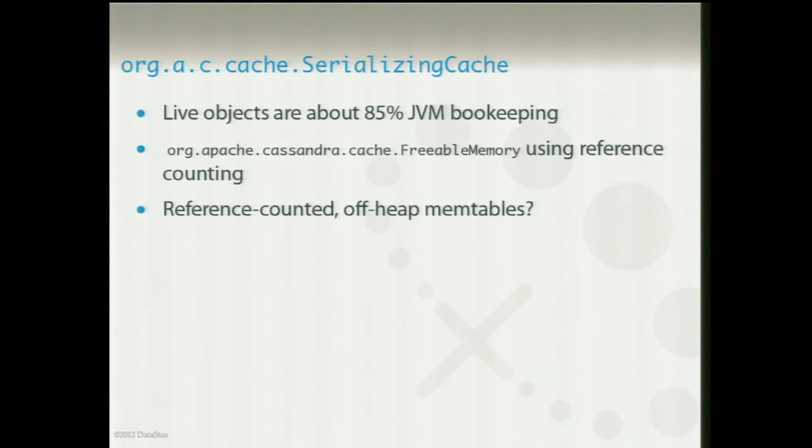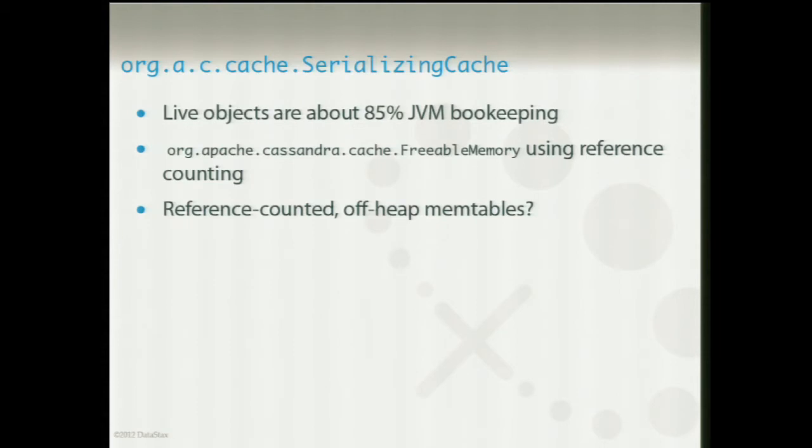And the way we do that is we actually serialize the rows into basically mallocked chunks of memory. And so we wrote this class called freeable memory that uses reference counting to track this native memory that we've allocated, and then clean it up if that row gets aged out of the cache and not useful anymore.